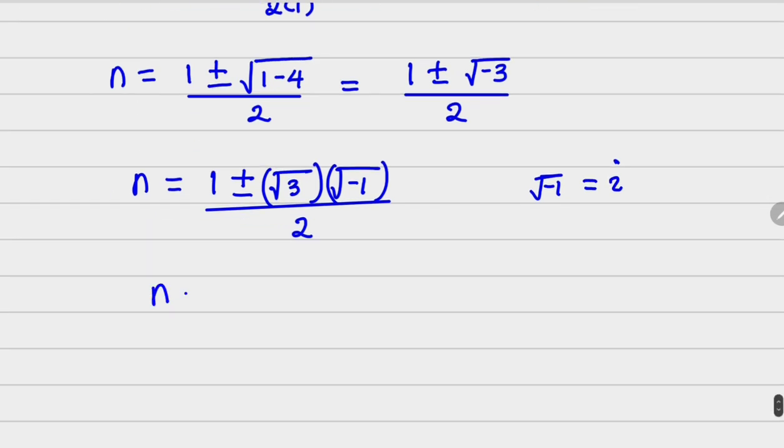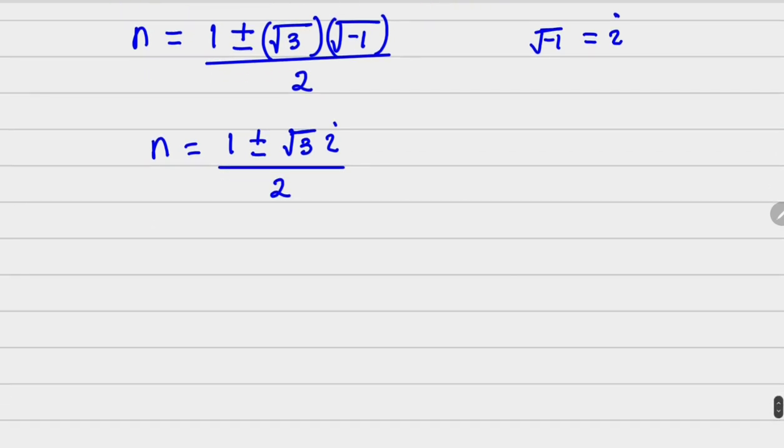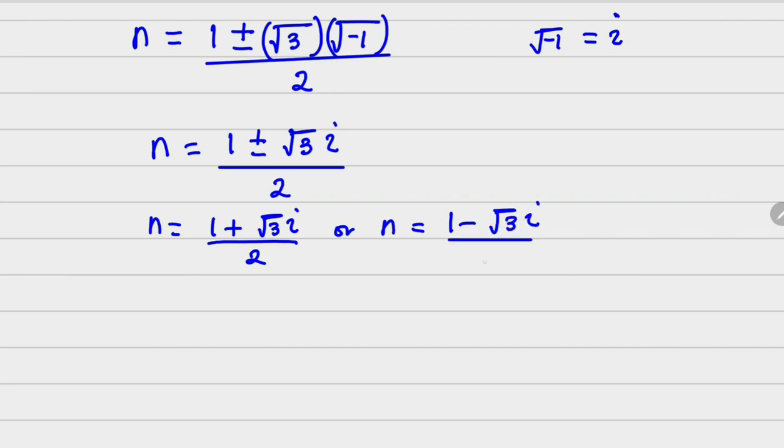So therefore, n is going to be 1 plus or minus root 3i all over 2. So n is 1 plus root 3i over 2, or n is equal to 1 minus root 3i all over 2.